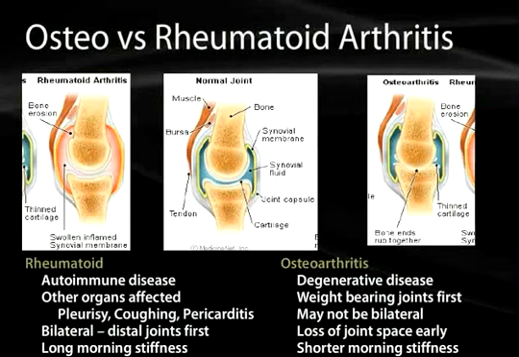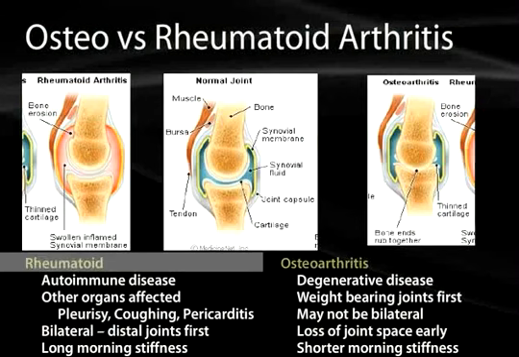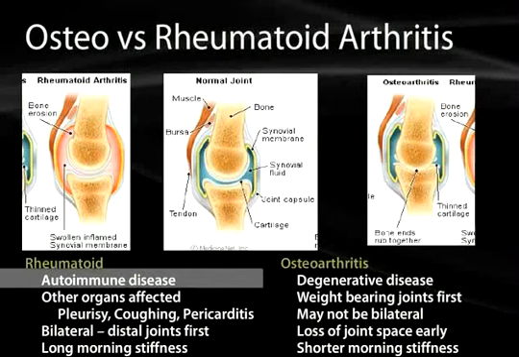One of the things you need to be clear on is the differences between osteoarthritis and rheumatoid arthritis. Remember, you have a normal joint space without an inflamed joint capsule or synovial space. And then rheumatoid is more of an inflammation-based autoimmune disease.